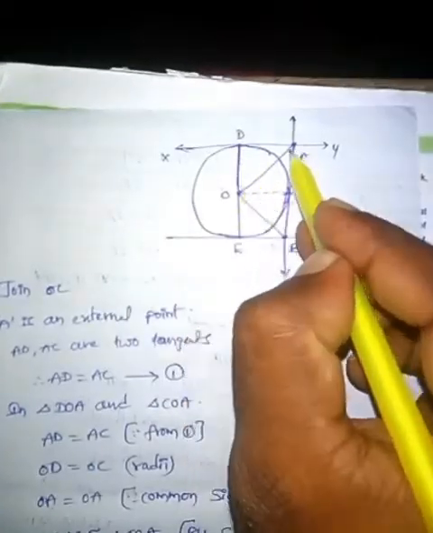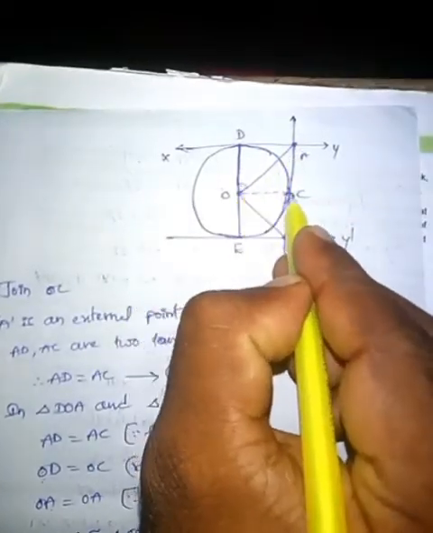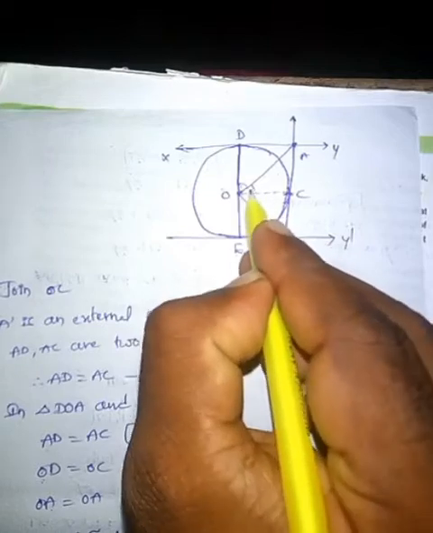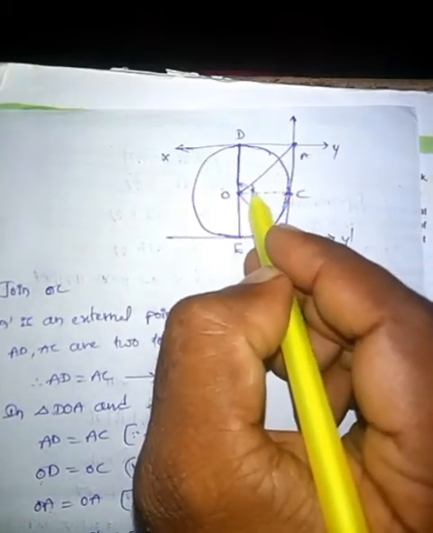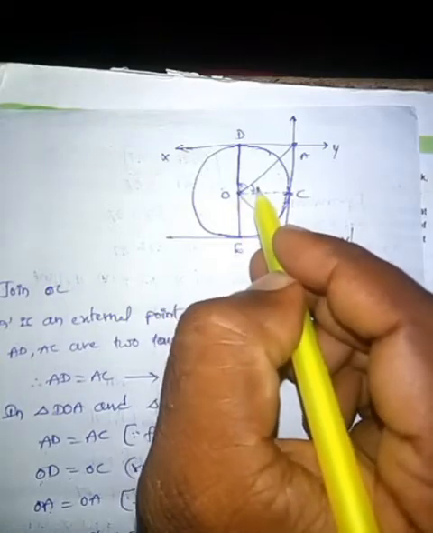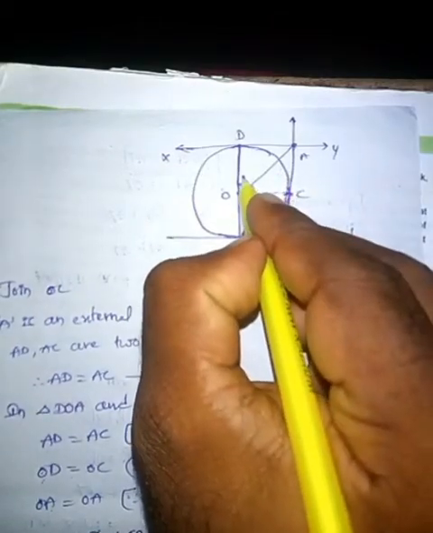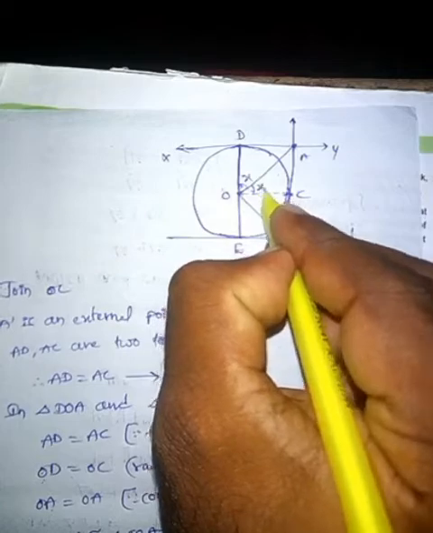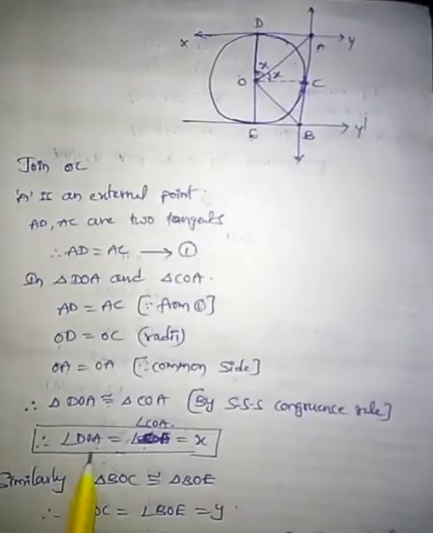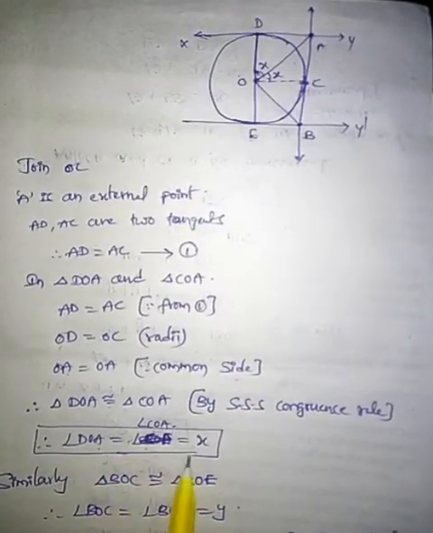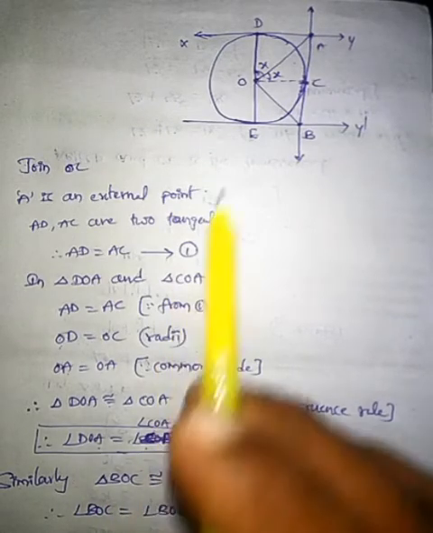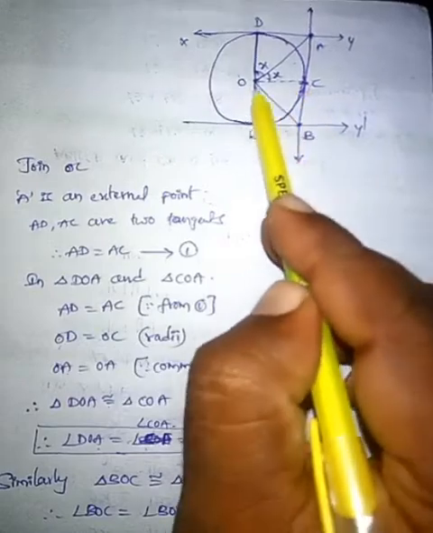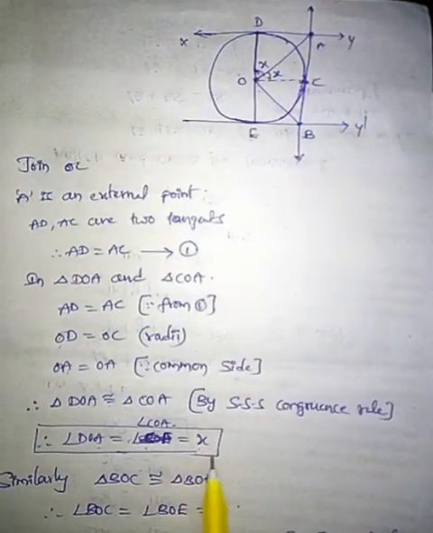These are corresponding angles, that's why they are equal in measure. Let's name this as x, and similarly this one is also x. I wrote here: corresponding angles are equal, and I assumed the corresponding angles are x degrees. That is, angle DOA equals angle COA equals x degrees.